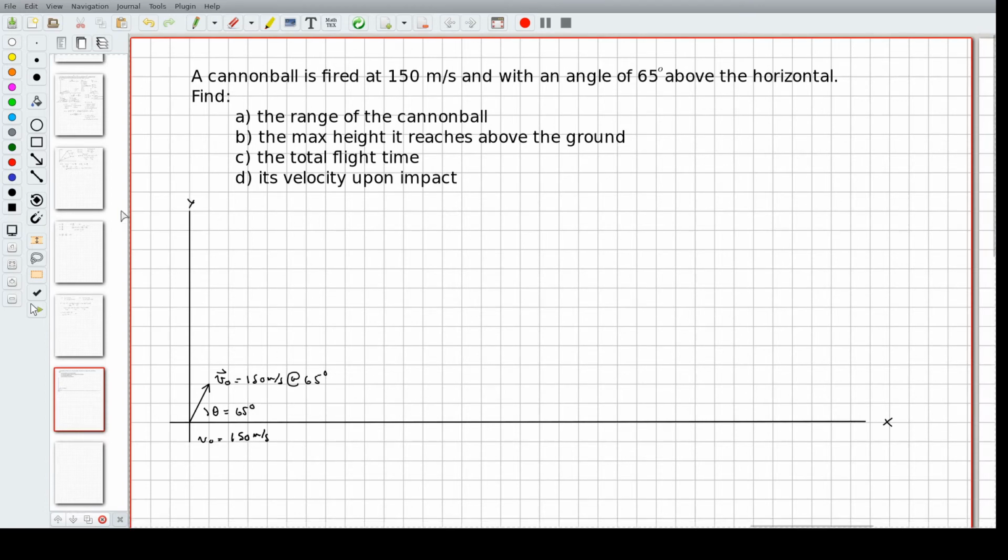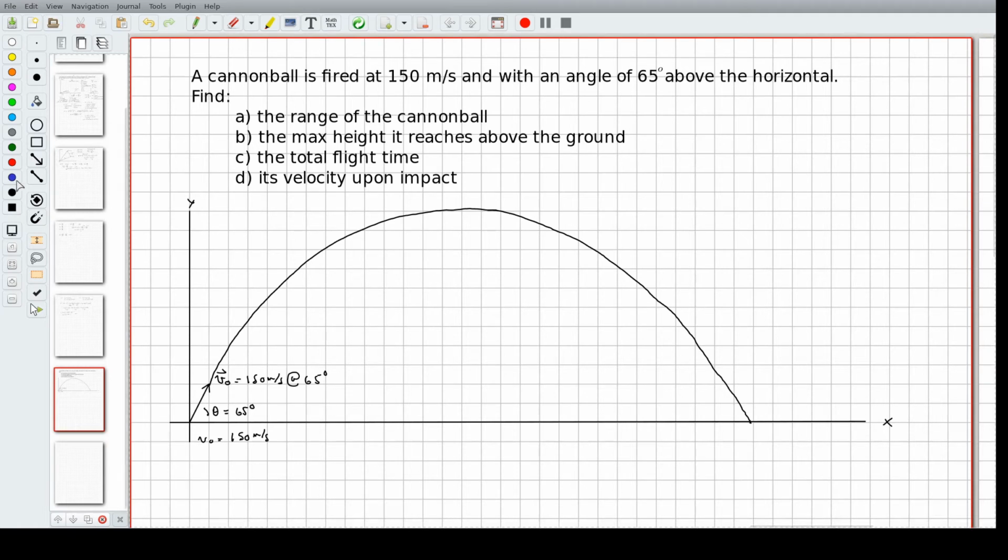Now, if you think about the path that this thing would take, and I'm going to try to sort of freehand this, you launch it, it goes into the air, covering both x and y, hits a peak right there, and then comes back down to the ground like this. Hey, that's not bad. That's a pretty good parabola.